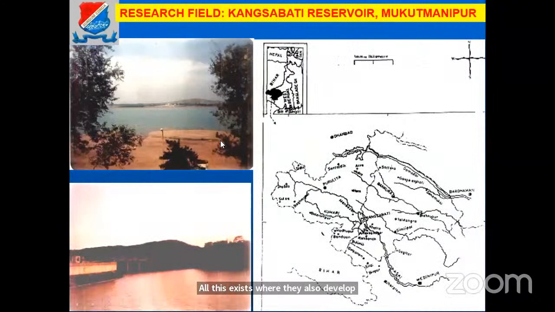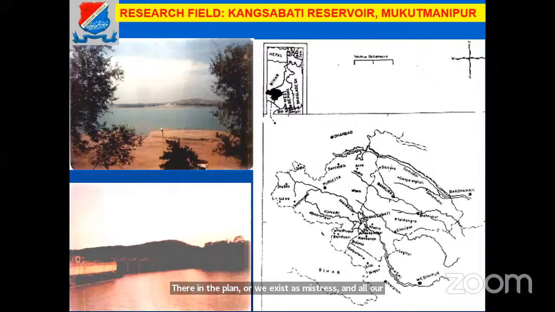Now, this is our field study, the Mukutmanipur research area, Mukutmanipur Dam Reservoir, in the Bankura district in West Bengal, Kangsabati Reservoir, where the total life cycle is completed. Indoplanorbis exustus, and other hosts are all present there.